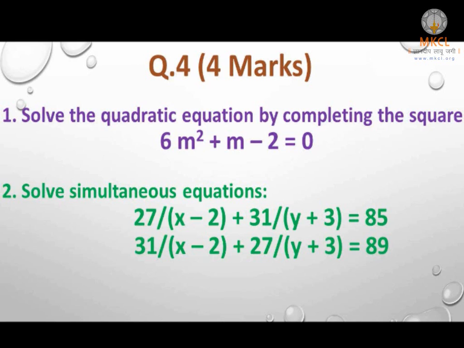Here the square term m square has a coefficient 6. That must not be there, so it should be removed. Therefore, you will have to divide both sides of this equation by 6 and you will get m square plus m upon 6 is equal to 2 upon 6, that is 1 upon 3.